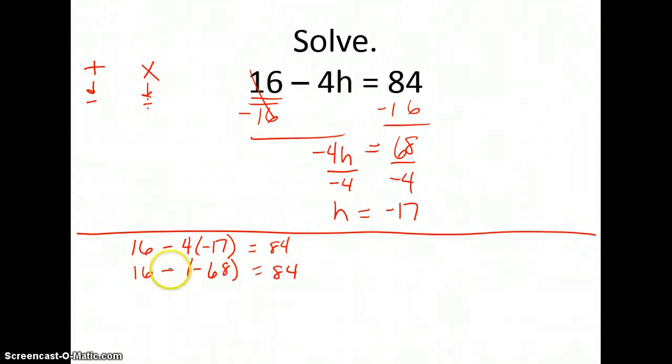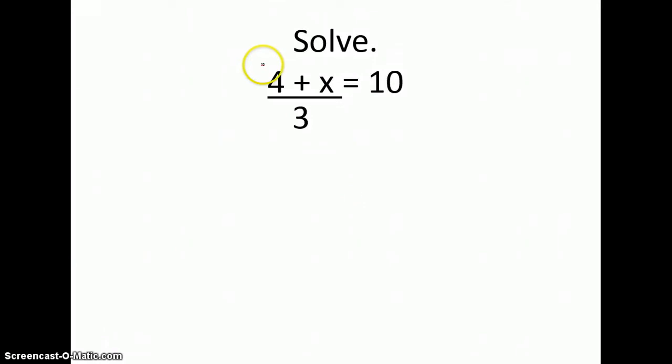So when I am subtracting a negative, I'm going to keep the first, change the addition or subtraction to addition, and then switch the negative to a positive. So what is 16 plus 68? That's 84. So I know I'm correct. And h equals negative 17.